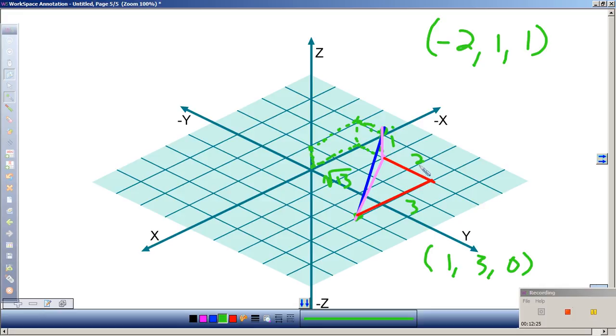The right triangle. Look at the red, red, pink. So where's the right triangle? Right here, on the right angle. Okay. So now look at the pink, pink, blue. How would you figure out the third side?